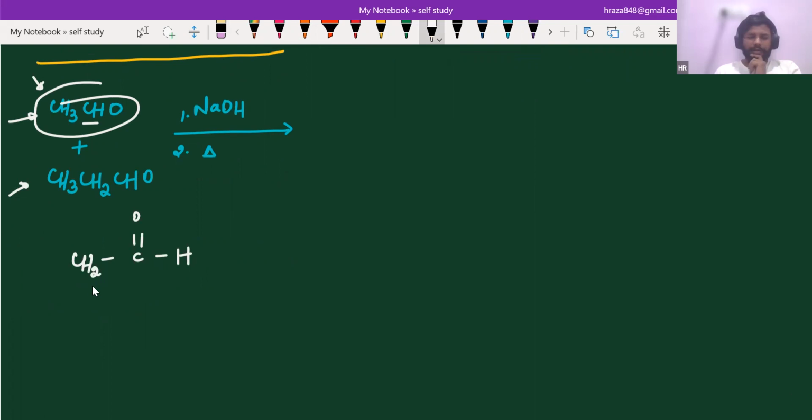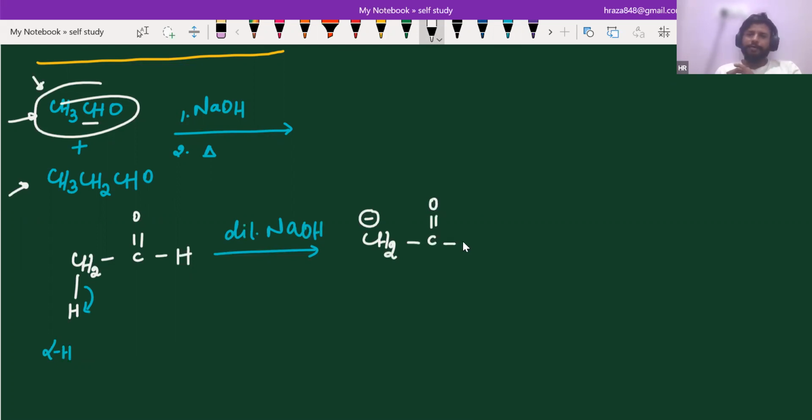So this will be CH2-CHO. To make a nucleophile, this is your alpha hydrogen, so you are going to remove this H in the presence of dilute NaOH. So it will be basically CH2 minus C double bond O H. This is your nucleophile. It becomes a nucleophile because it has a negatively charged carbanion.